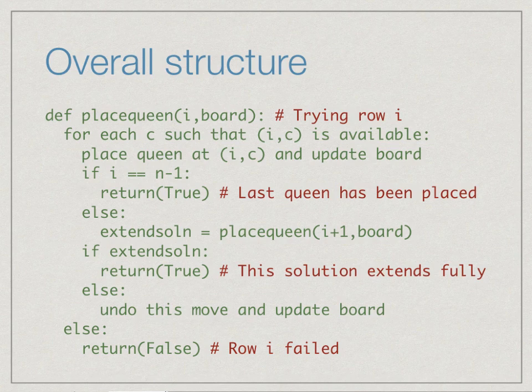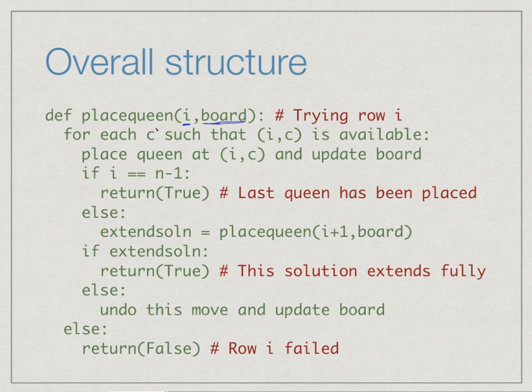So with such a data structure, this is the outline of how our strategy works. What we have to do is place each queen one at a time. We are writing a function which tries to place a queen in row i given the current state of the board. So we pass it the current state of the board as one argument, and we pass it the row number i that we are going to do. We would initially start it with an empty board and with row 0.